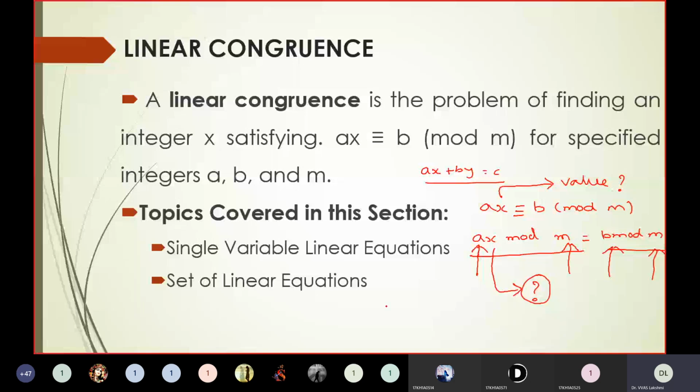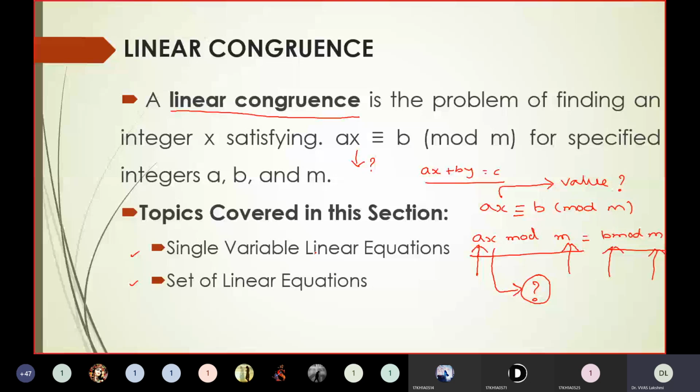So this is the linear congruence equation. In this we are going to cover two topics. The first one is a single variable linear equation, and then a set of linear equations. Here we are going to solve a single equation.